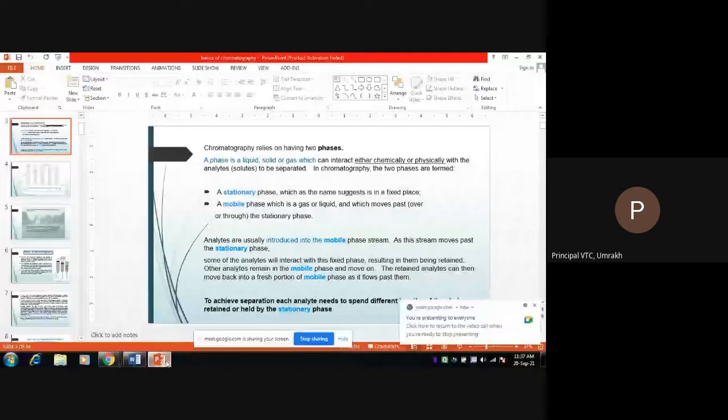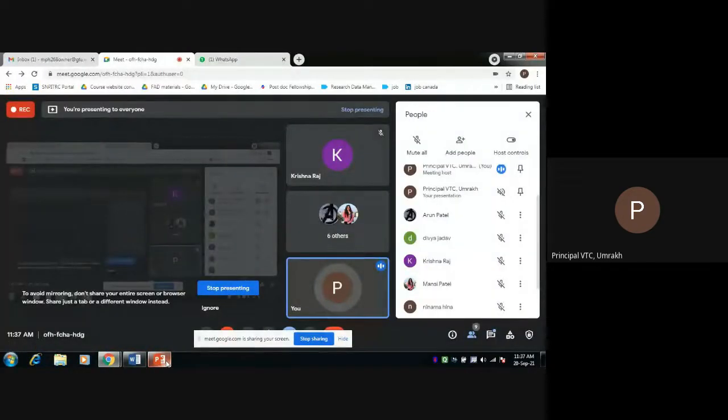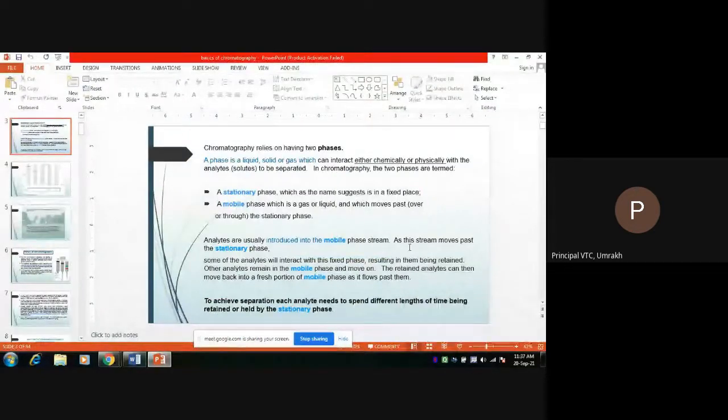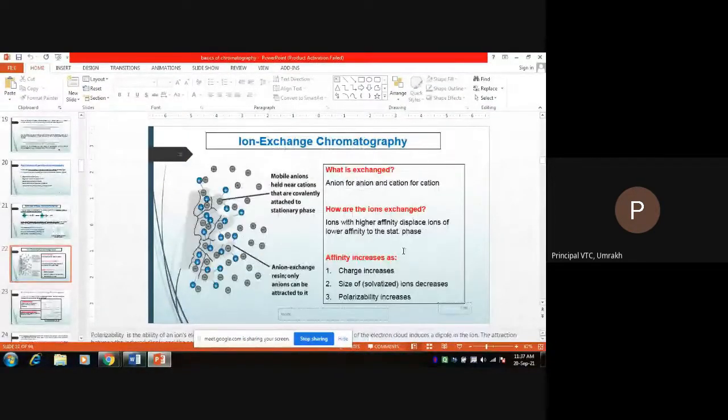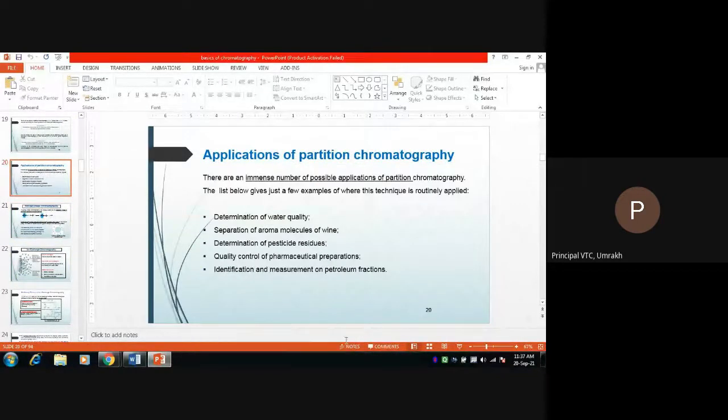Okay, so is the screen now visible again? Is my screen visible?